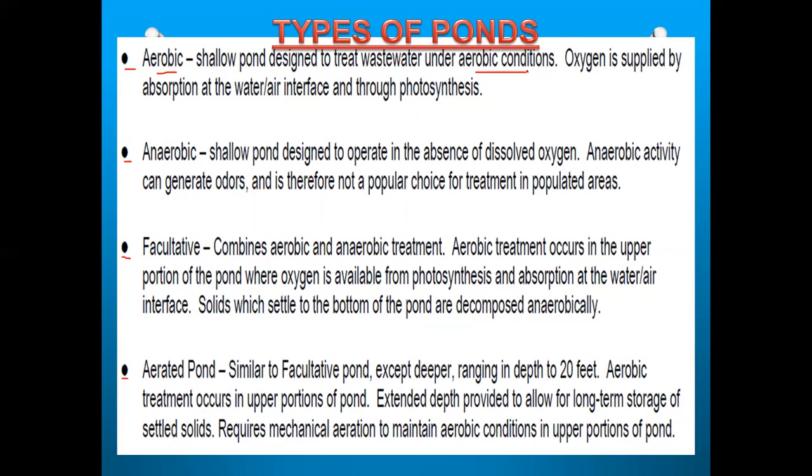A small depth, just a few feet. It is a shallow pond designed to treat wastewater under aerobic conditions. Oxygen is supplied by absorption at the water-air interface and through the photosynthesis process. It is a microbial process.